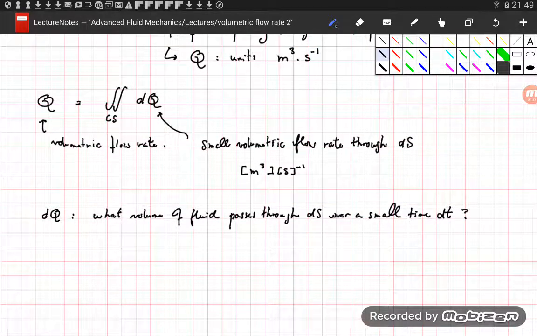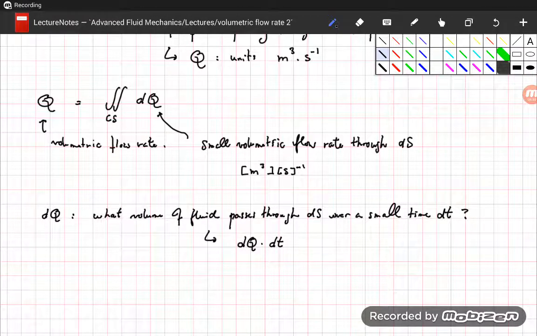So this quantity here will then be equal to dq, which is the volumetric flow rate per unit time, times the time that we're looking at, which is the small element dt. So what is dq times dt equal to?